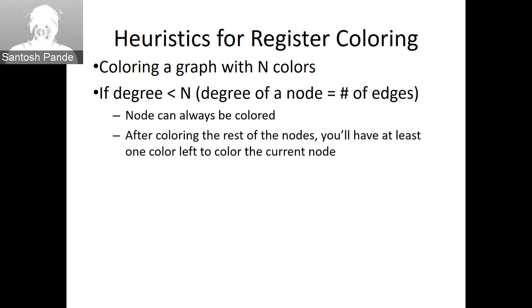Why is that the claim? Let's say in the worst case, all the neighbors get different colors. Maybe they interfere with each other, and so they all have to have different colors. Even if you give all different colors to my neighbors, you still have a color left for me, where me means the current node, which has a degree less than n. That's the reasoning. So if that is the case, then the node can always be colored.